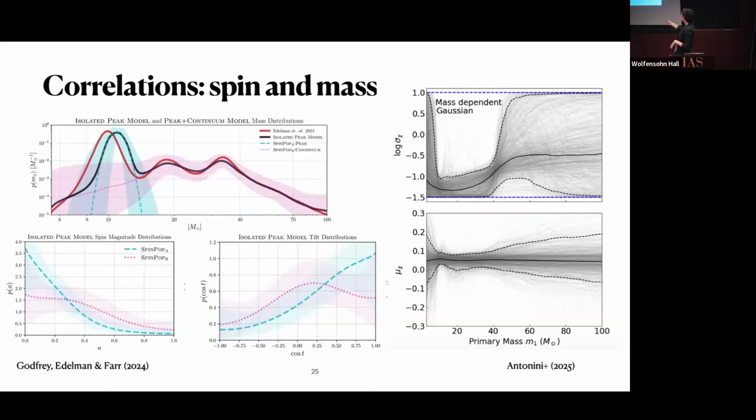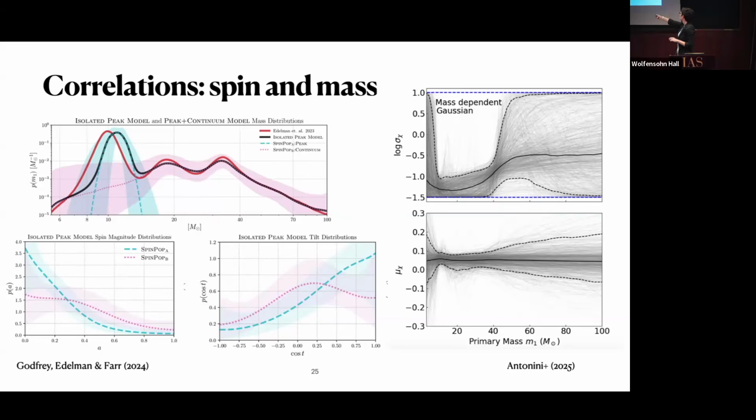But similarly, there's another correlation that's been found. In case it's not clear, different parts of mass parameter space having different spins is equivalent to a global correlation if you just looked at the spin distribution as a function of mass.